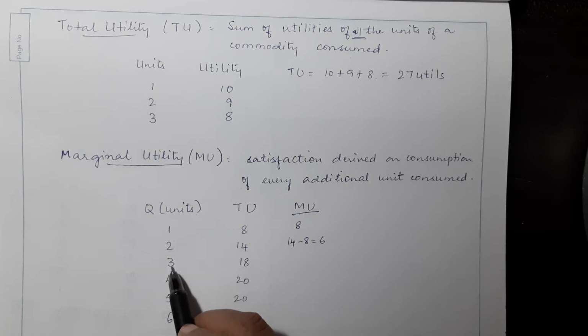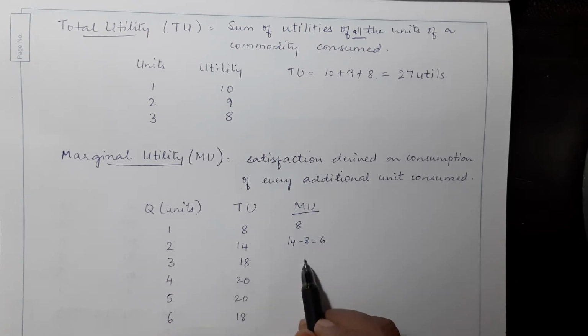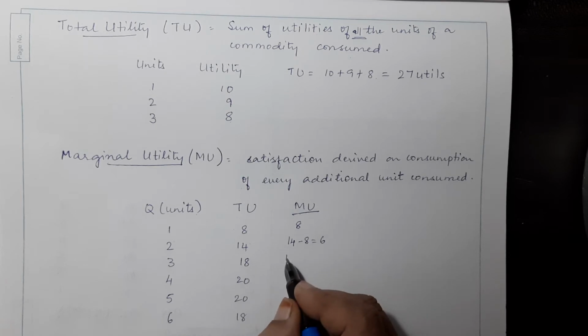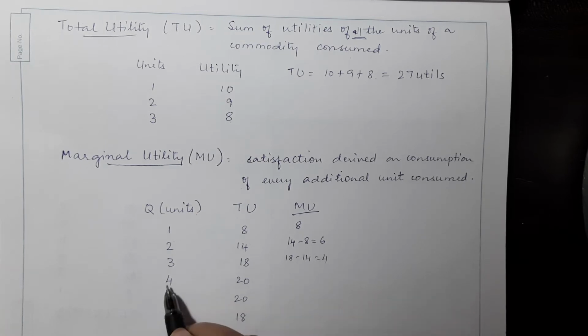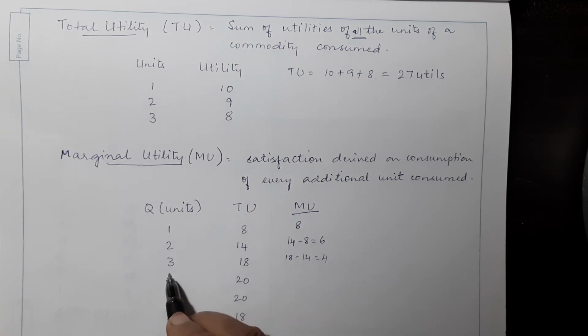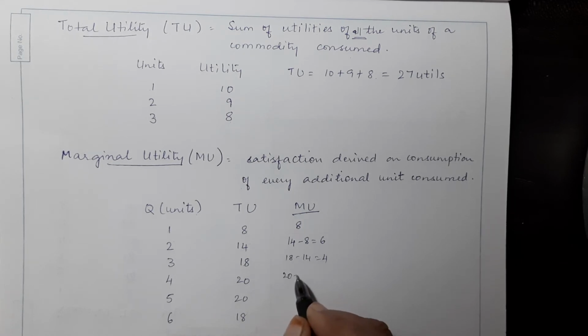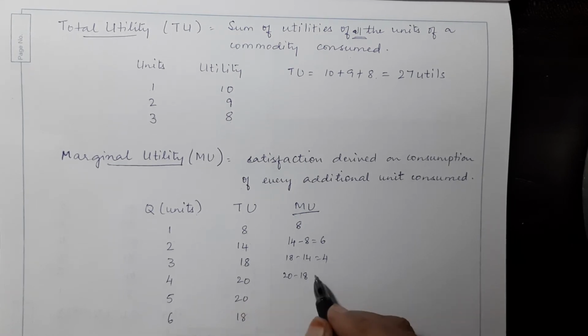Now if he consumes a third unit, what will be his marginal utility? It will be 18 minus 14, which is equal to 4 utils. On consumption of the fourth unit, his total utility is 20, but what is the marginal utility? Only on this fourth unit, that will be 20 minus 18, which is equal to 2 utils.